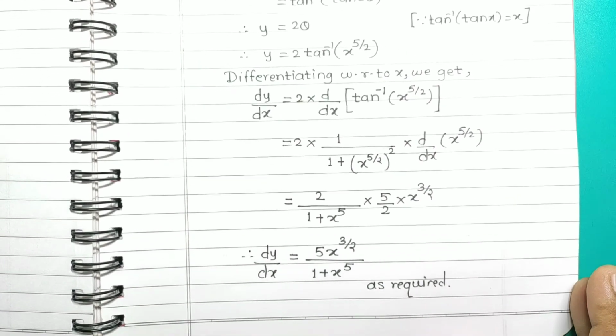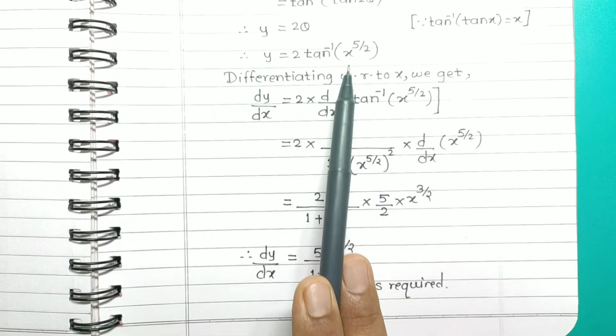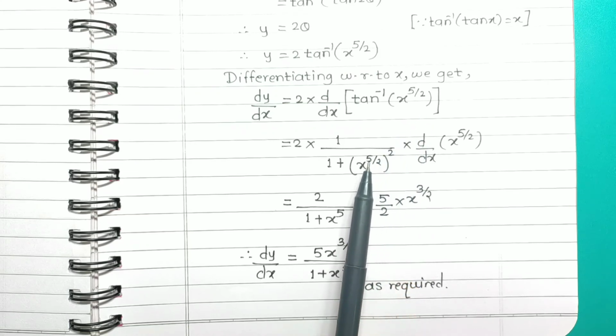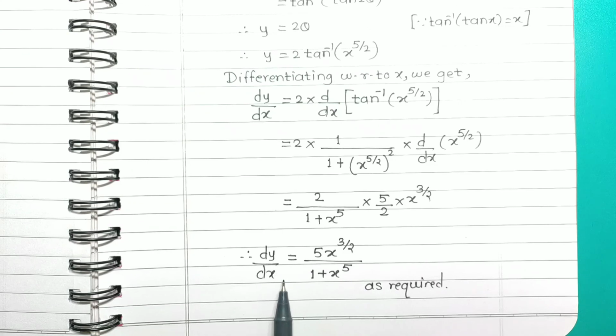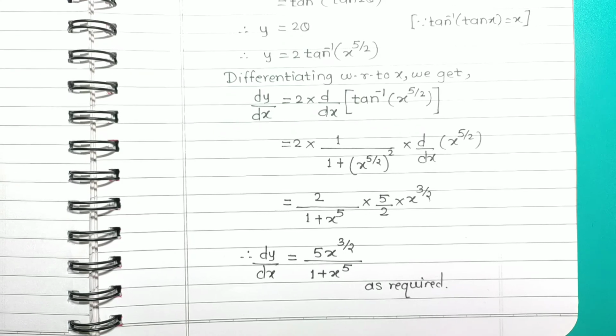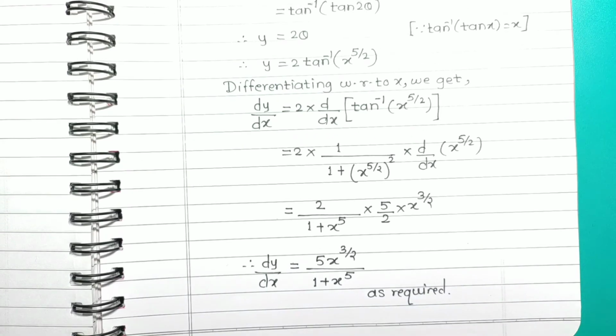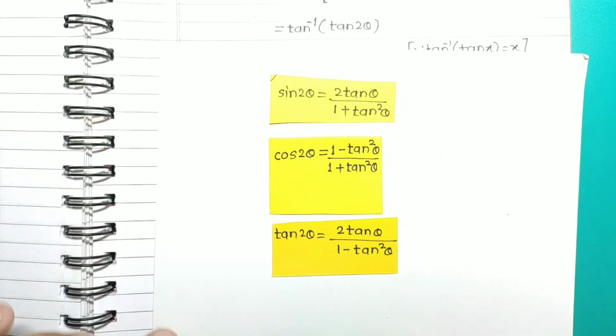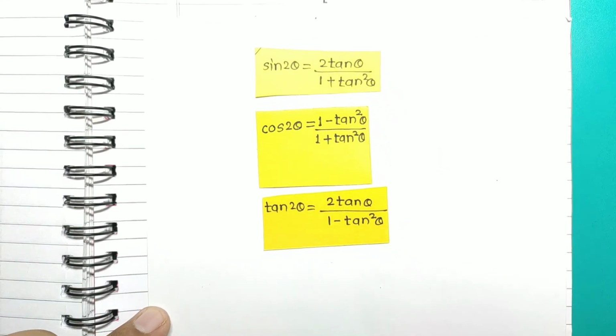See, in the differentiation you treat this function as tan inverse of something and use the chain rule to differentiate the function and get the derivative as 5 into x raised to 3 by 2 upon 1 plus x raised to 5. So for this particular type, we have used these three results. So you note these results very properly.